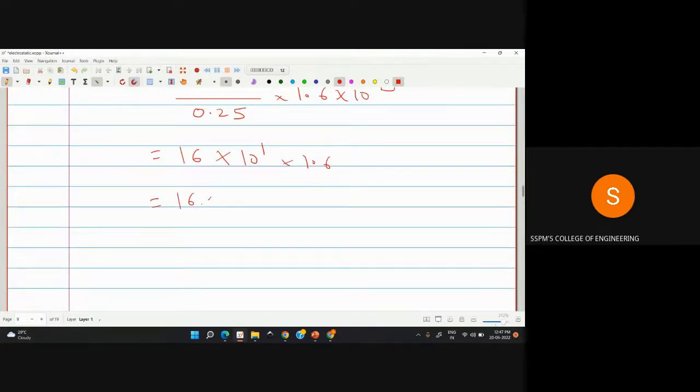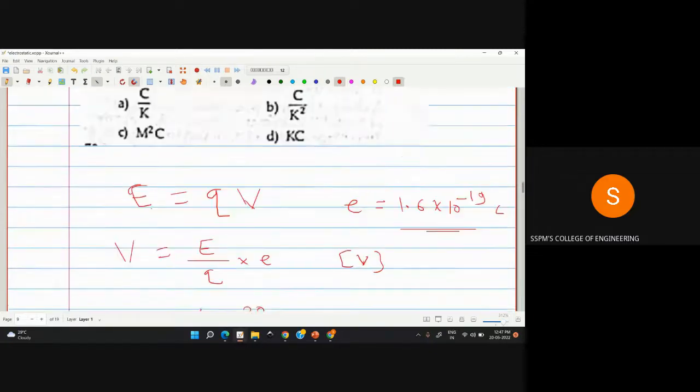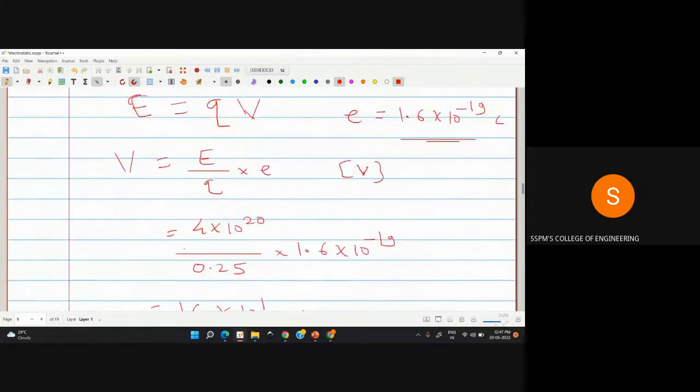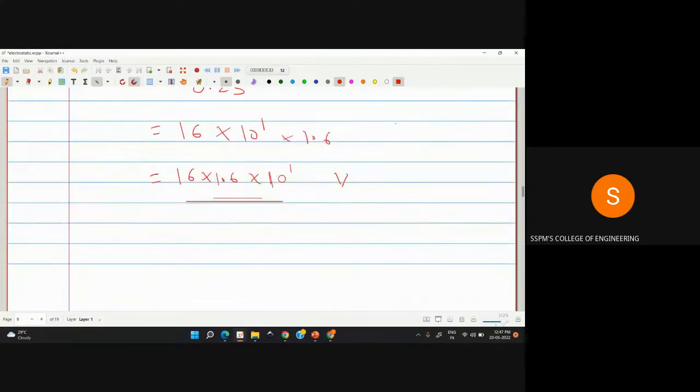So 16 into 1.6 into 10 to the power 1, and what will the unit be? Voltage. So we have to calculate what 16 into 1.6 comes to. Let's multiply. 16 multiplied by 6 is 96. 16 into 1 into 9 means 25 will come.